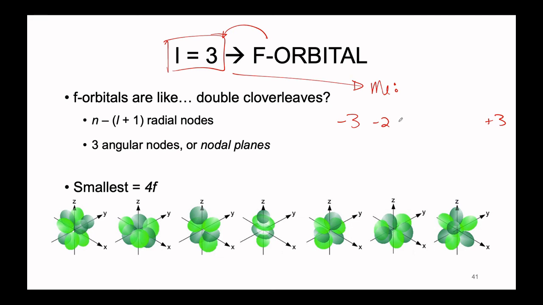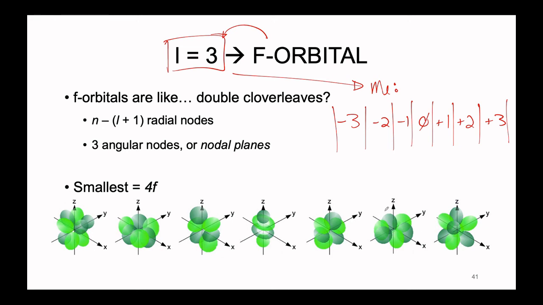So there's going to be a negative 2, a negative 1, a 0, a positive 1, and a positive 2. These are all of the unique orientations that your F orbital could take. These are all of the unique pictures that you could make. We can see that there are 1, 2, 3, 4, 5, 6, 7 unique pictures.